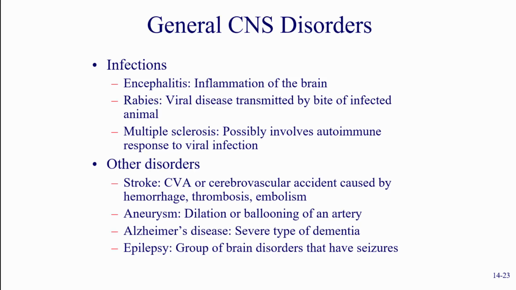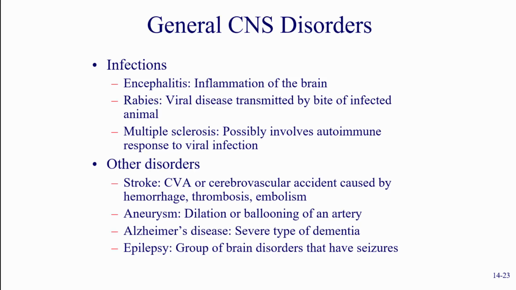And then we can have an aneurysm, and this is a dilatation or ballooning of an artery. If you get a ballooning of the artery in the brain, it can compress on a nerve. If that aneurysm bursts, now you have a hemorrhagic stroke.